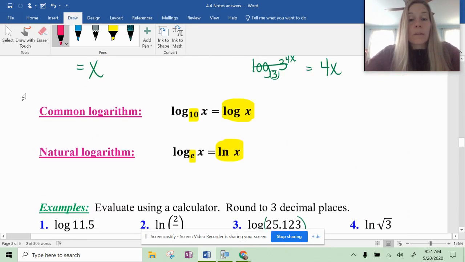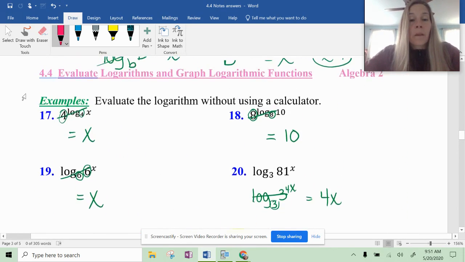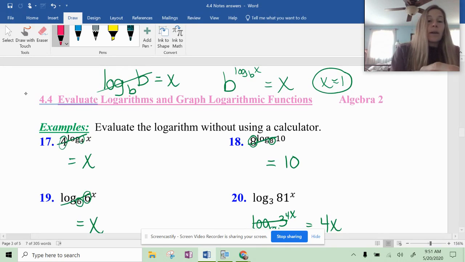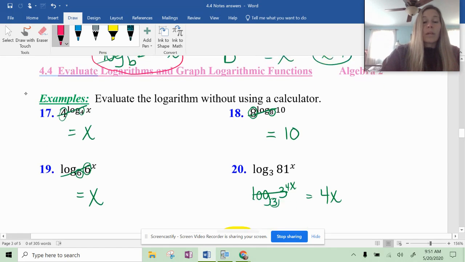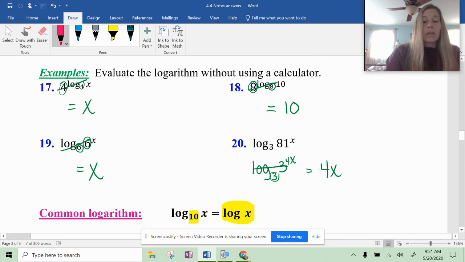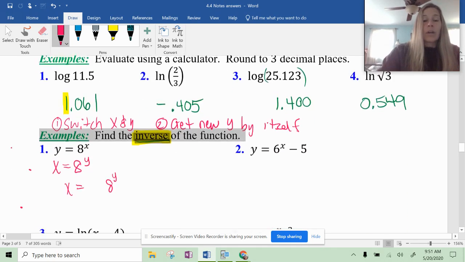So if you scroll back to the top of this page, we had gone over that. Right here, if I have a log with a base b and this number here is b, it will just cancel out. For example, we had that with number 19 and number 20. So that's what we're going to try to do there.